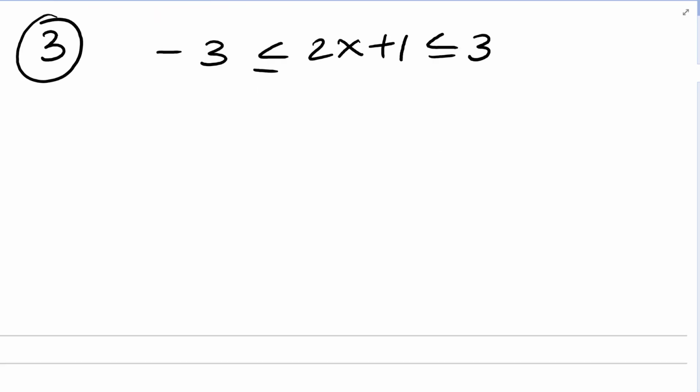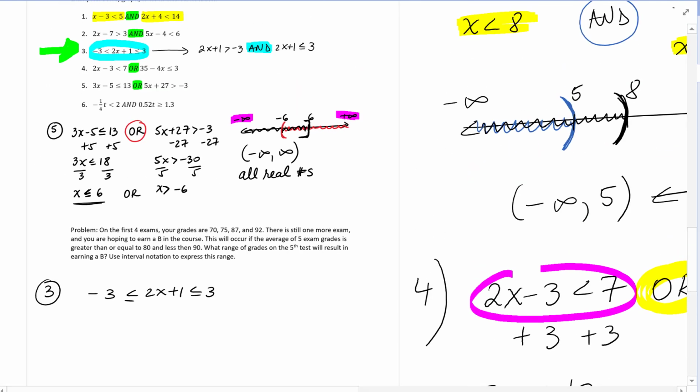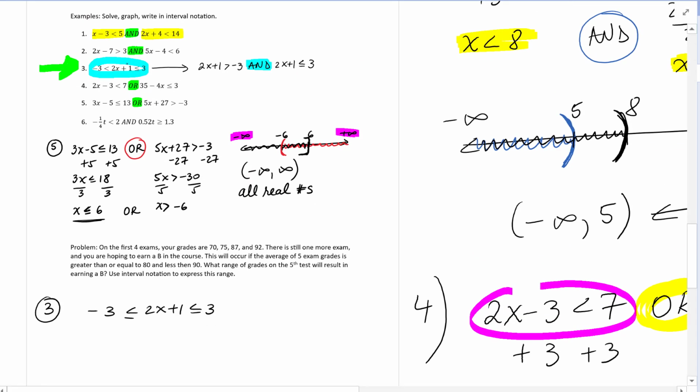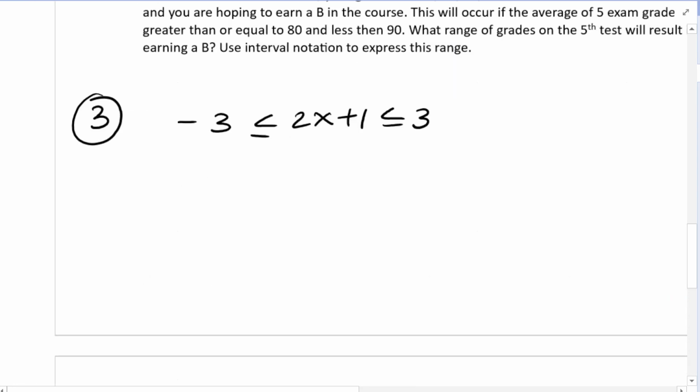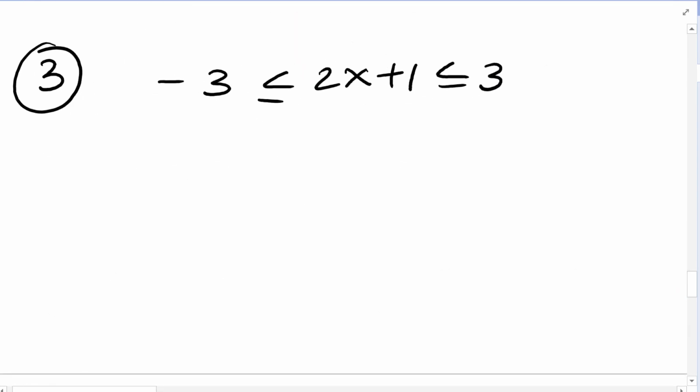And let's also solve problem 3, because it's a little bit different than the other ones. It has these symbols together. So 2x plus 1, I changed it a little bit. Originally it was greater than negative 3, but I made it greater than or equal to, just so that we have all symbols or equal to.